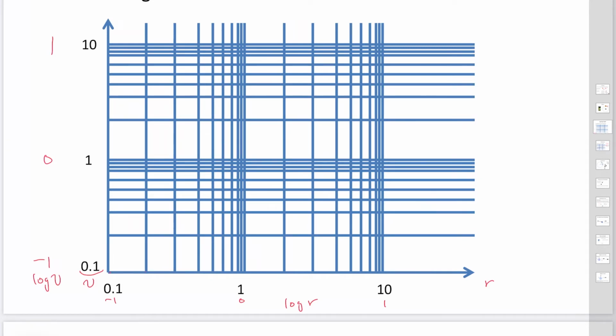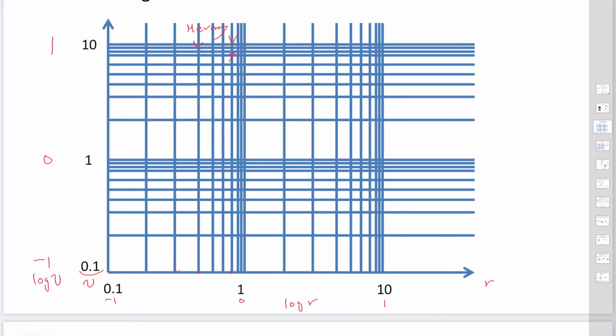That is the position of Mercury. And the velocity is 10 AU per year. So this is Mercury. And Venus is 0.7, and the rotation speed is 7. So this point is Venus.